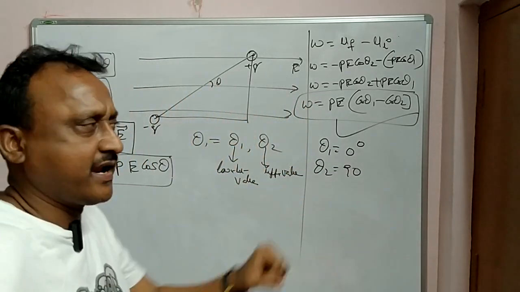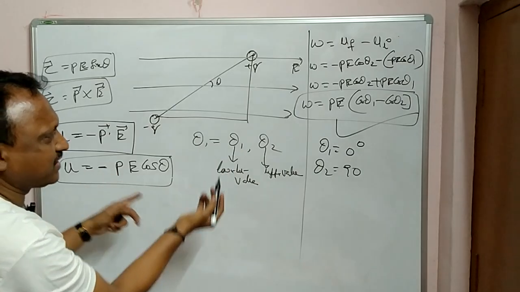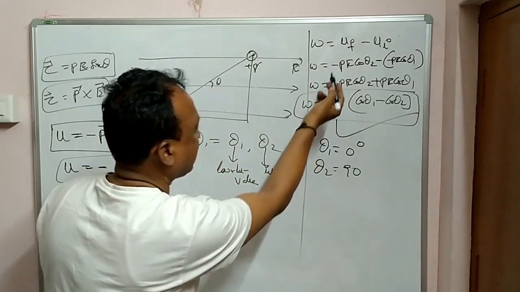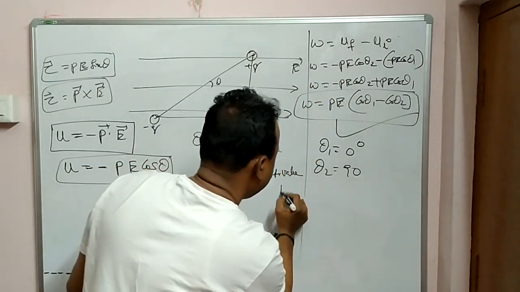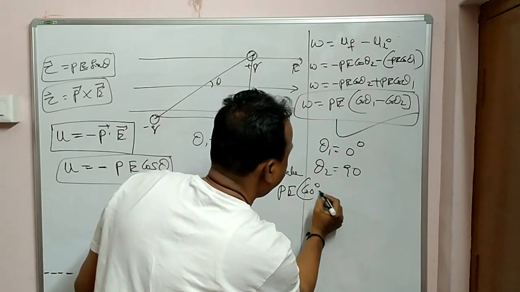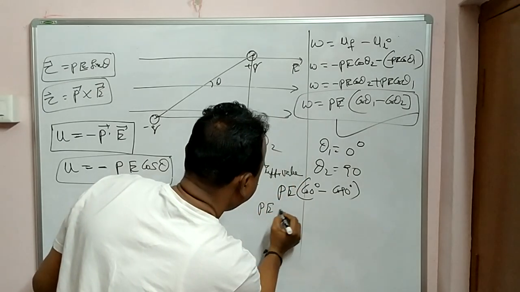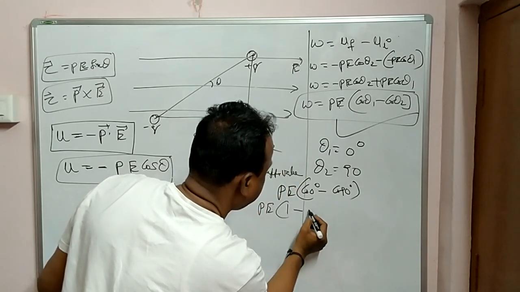What is the work done? You can put either formula, it is the same. U final minus U initial, or directly PE into cos 0 minus cos 90. So PE, cos 0 is 1, minus cos 90 is 0.